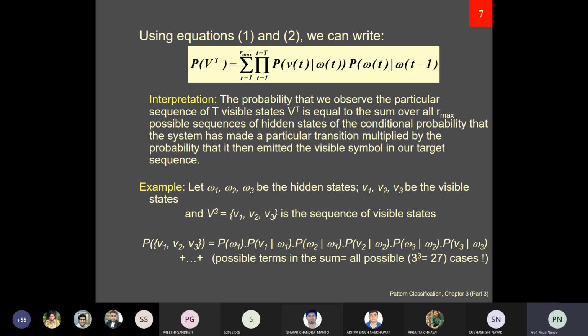I already told you it is a transitional probability, P(WT given WT minus 1), the particular transitions the system has made, multiplied by the probability that it then emitted the visible symbol in our target sequence.